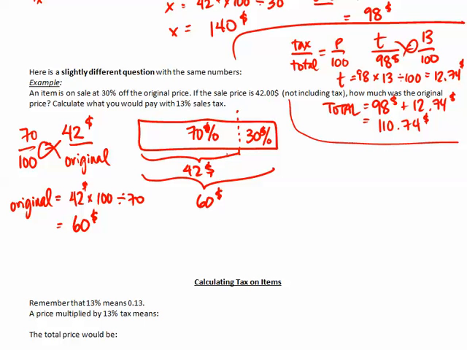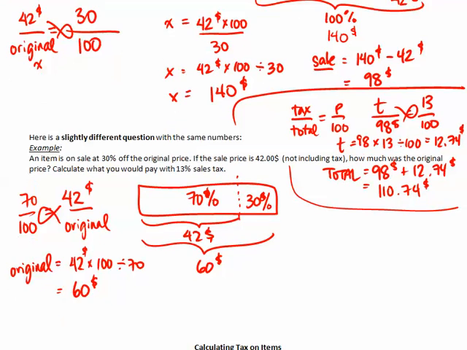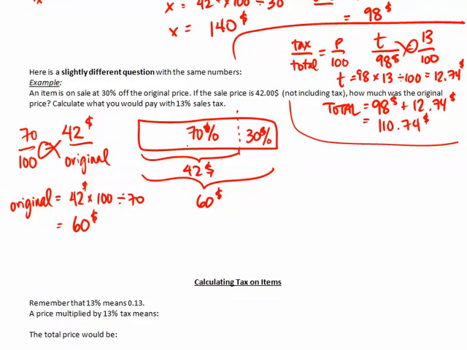Well, the $42 represented the sales price. So that means the tax rate is still 13%. Oops, 13% over 100.